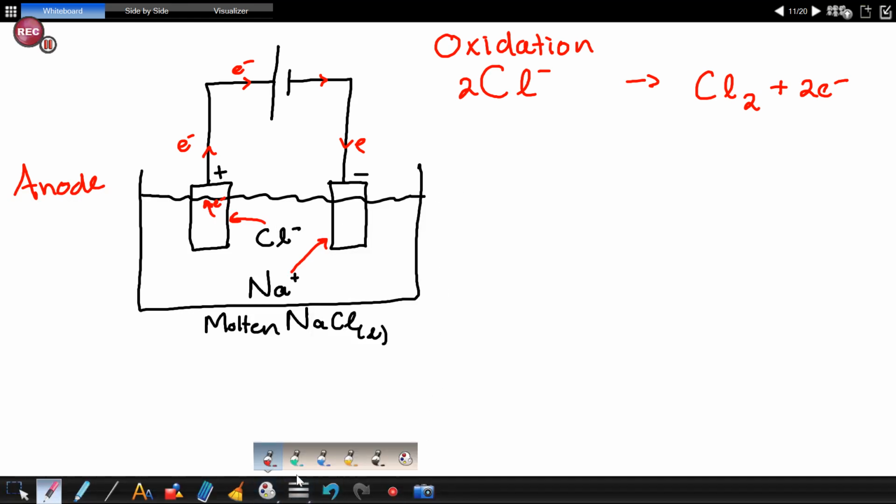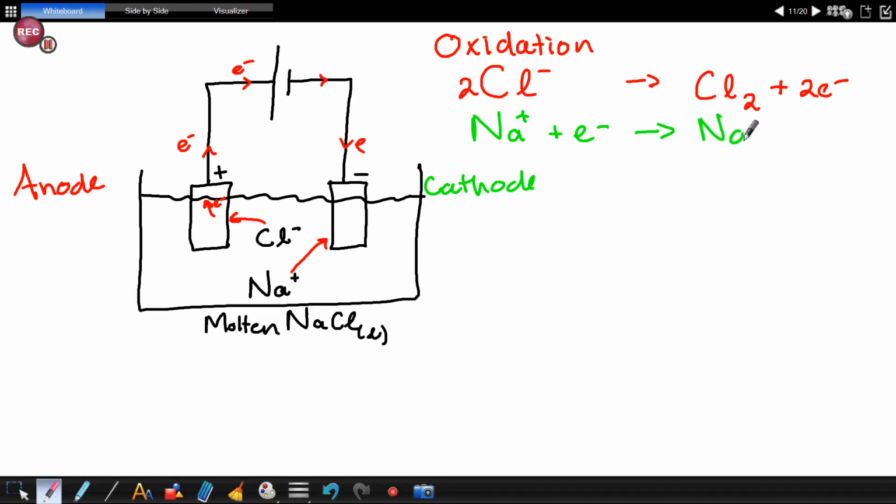And the cathode is this one, where sodium ions will take up electrons to make sodium. So this is my reduction half reaction.